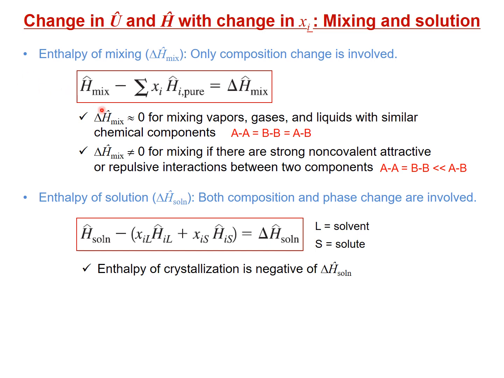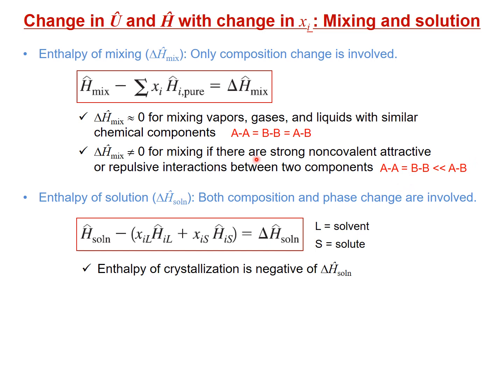It means the enthalpy of mixture is the same as the summation of enthalpy of pure compound. However, if the intermolecular interaction between A compound and B compound is stronger than between A or between B, then delta H mix is not 0. You should think about the enthalpy of mixing. Let me translate this relationship.